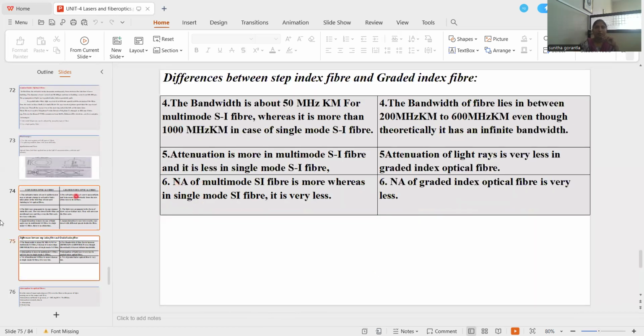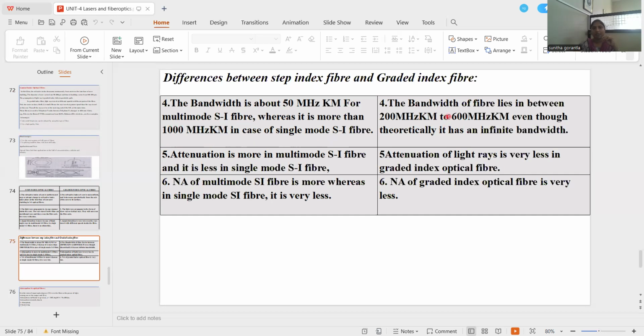The bandwidth is about 50 megahertz per kilometer in multimode step index fiber, whereas it is more than 1000 megahertz in single mode step index optical fibers.